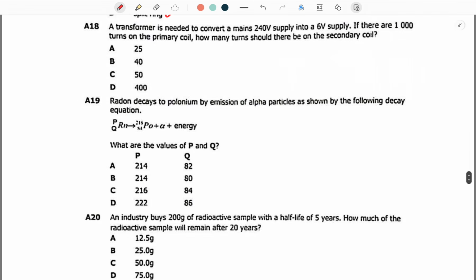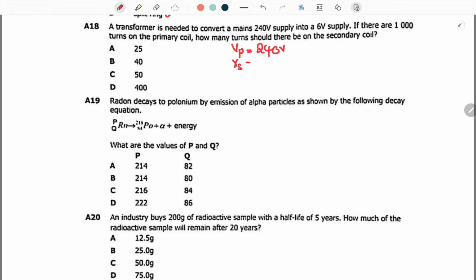A transformer is needed to convert mains 240 volts supply into a 6 volts supply. If there are 1000 turns on the primary coil, how many turns should there be on the secondary coil? So you start with the voltage. Your voltage primary is what they mentioned first, which is your 240 volts.